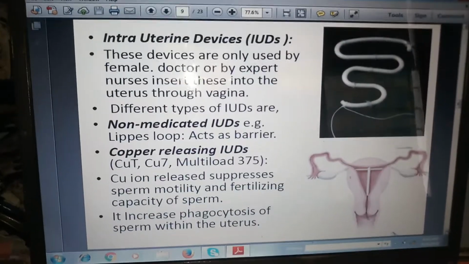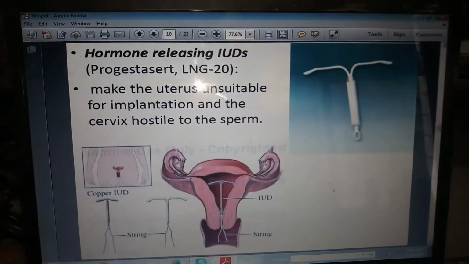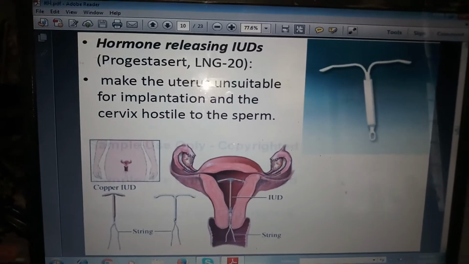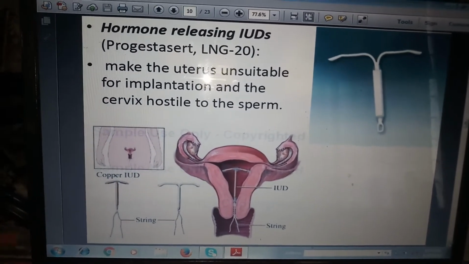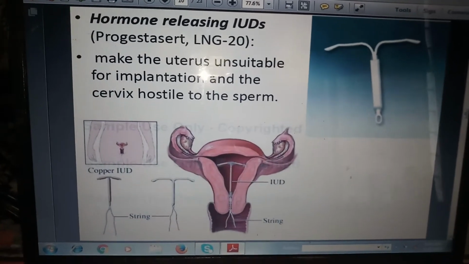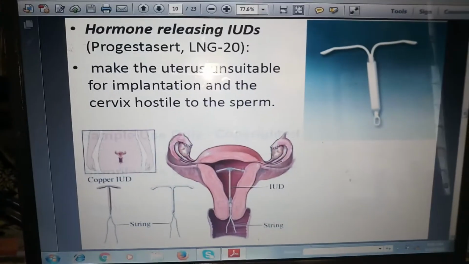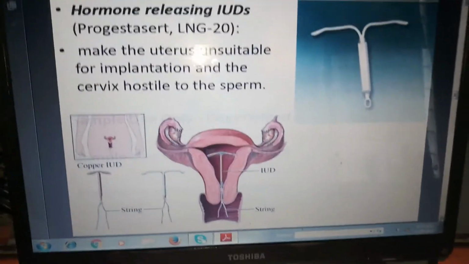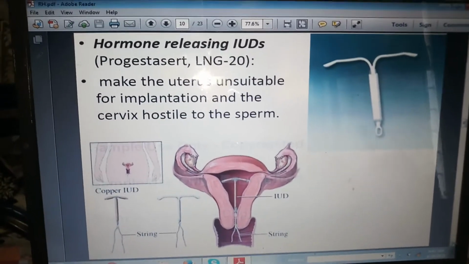Now next you can see the hormone releasing IUDs. These intrauterine devices are based on hormone releasing factors. The first one is Progestasert, and the other is LNG 20.